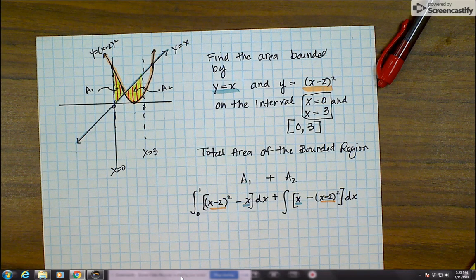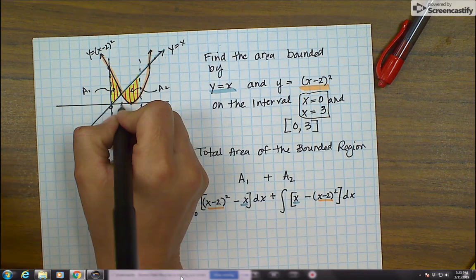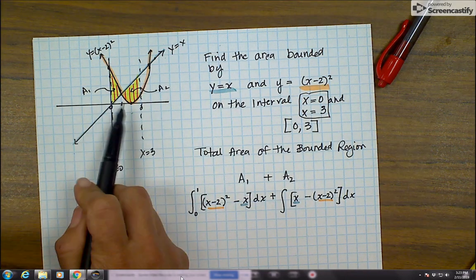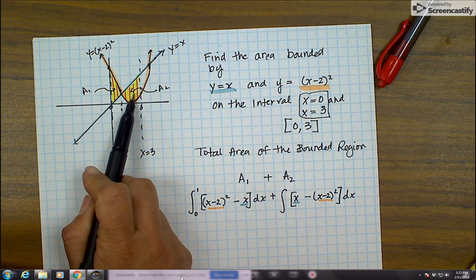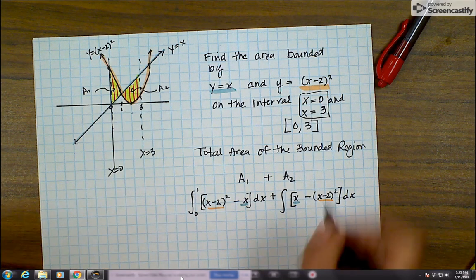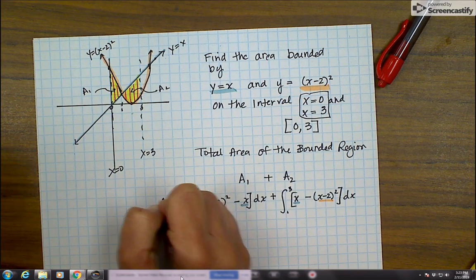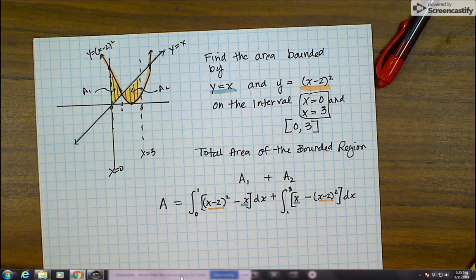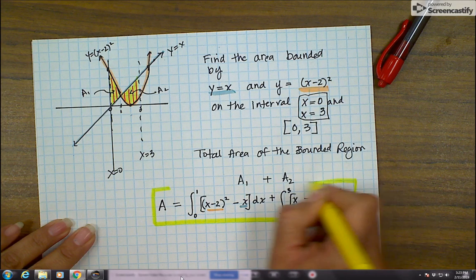And now we need to also discuss the limits of integration. So here is 1, and we're looking at this area. We would draw rectangles from 1 all the way up to 3. So x equal to 1 to 3. This is what the total area is equivalent to. That is the integral expression for this area.